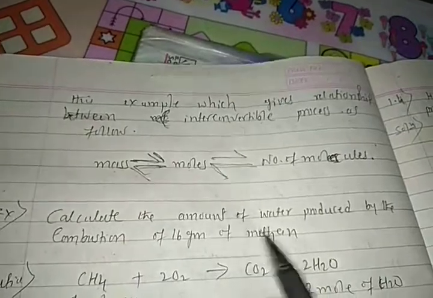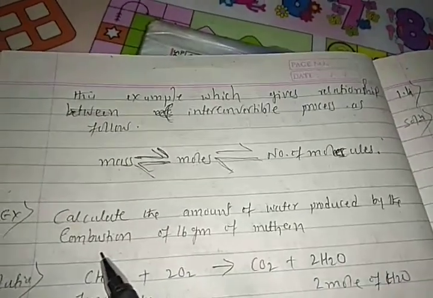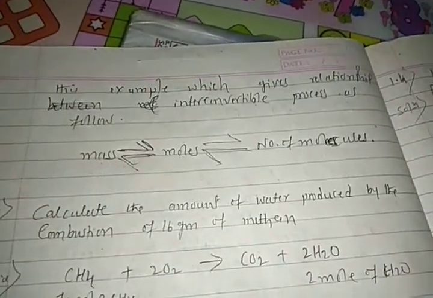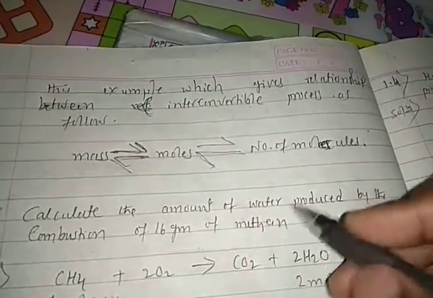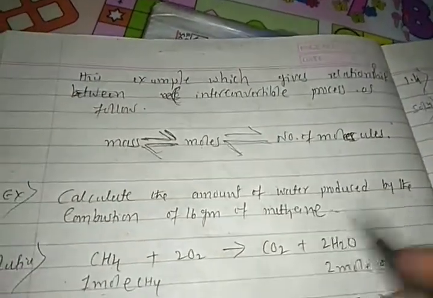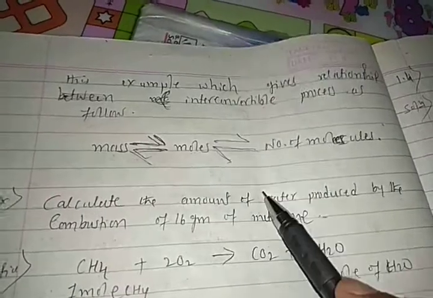Calculate the amount of water produced by the combustion of 16 gram of methane. Amount means quantity, students.